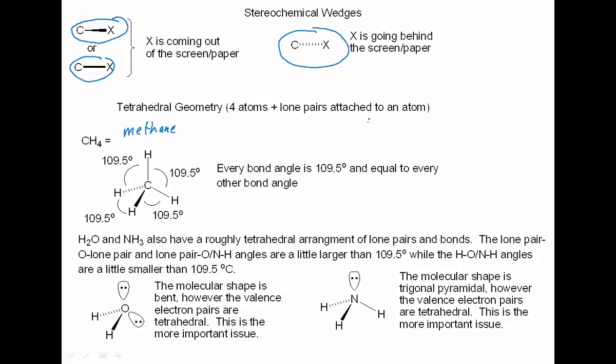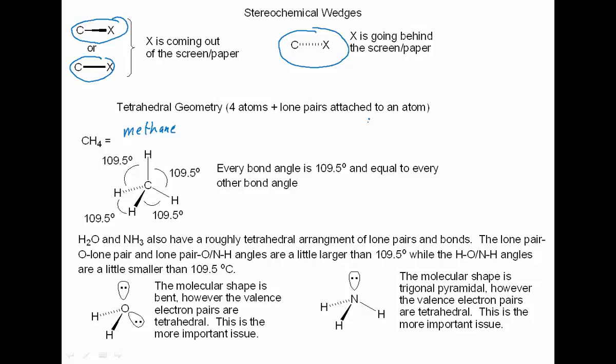That's because the lone pairs are more repulsive, while the OH and NH angles are a little smaller than 109.5 degrees. But the deviation isn't really that large, and we can just refer to the shape as being tetrahedral.